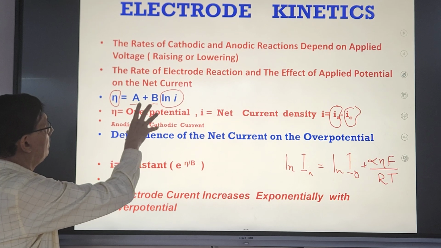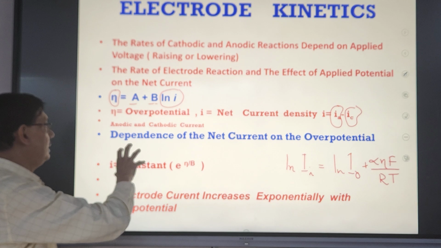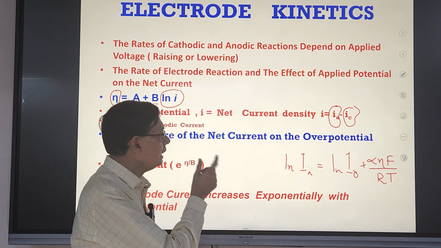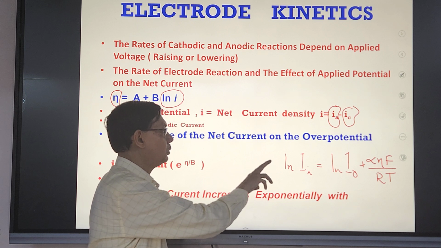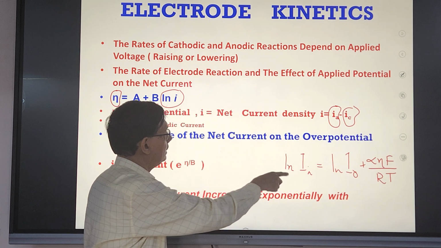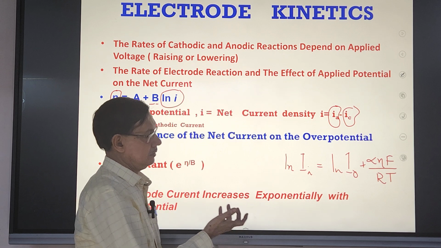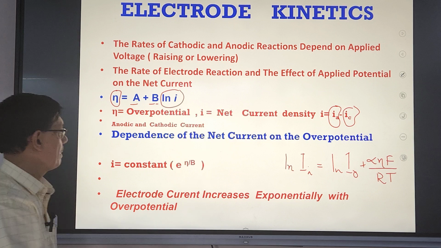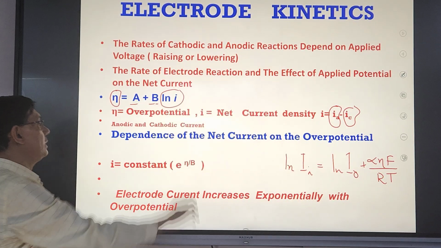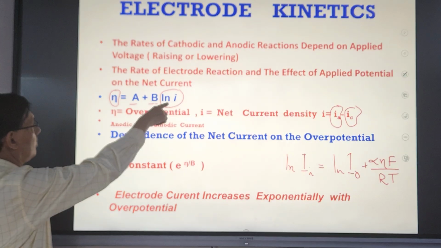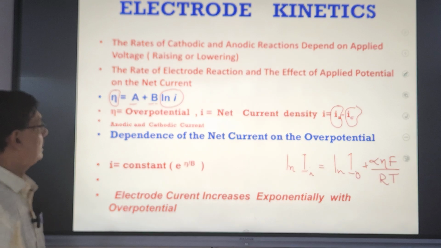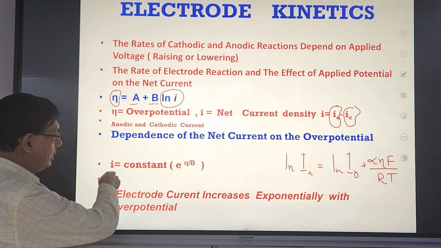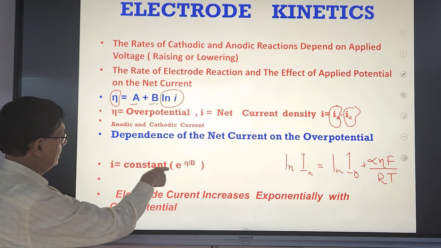So what is the Tafel plot or Tafel equation? Nothing but a simple mathematical relationship between two important terms: one is the exchange current density, and the other is the overpotential. So you can write the dependence of net current on the overpotential, and we can rewrite that equation as: natural log of I is equal to eta minus A. If I take the exponential, I is a constant times exponential of eta by b.